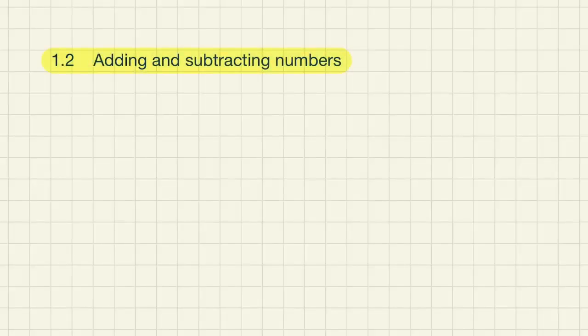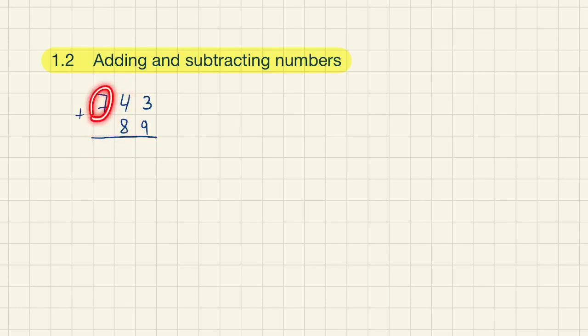Another review topic for today is adding and subtracting numbers. First, we're going to do the addition. Let's say we have 743 plus 89. Please notice that we write units under units, tens under tens, and hundreds under hundreds.